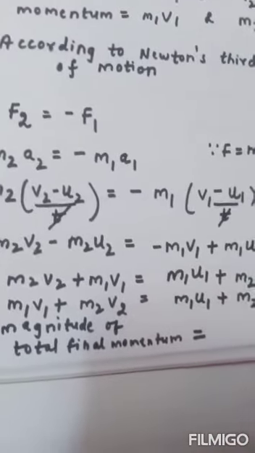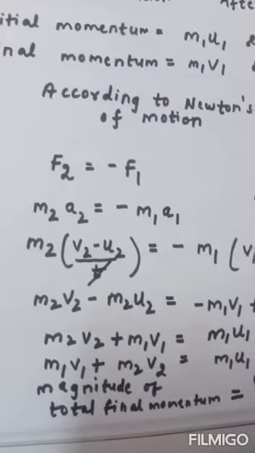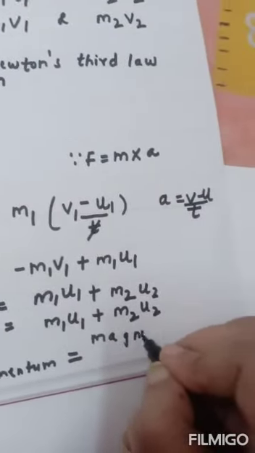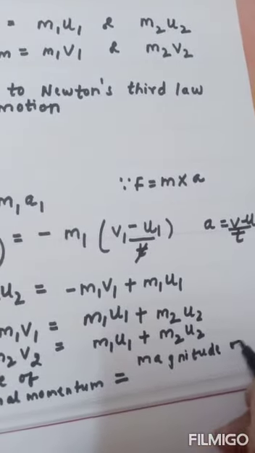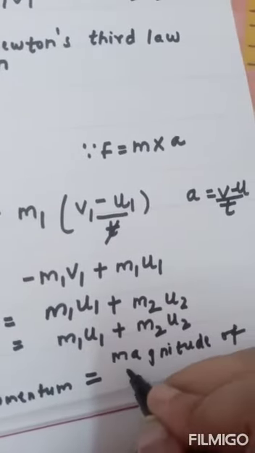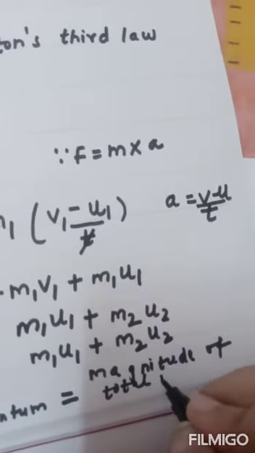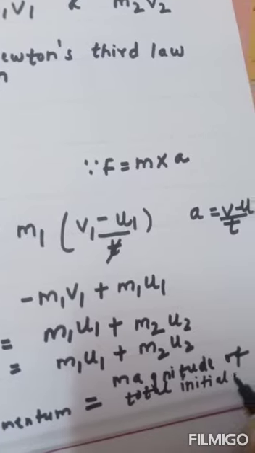This is the momentum before collision, or the magnitude of total initial momentum.